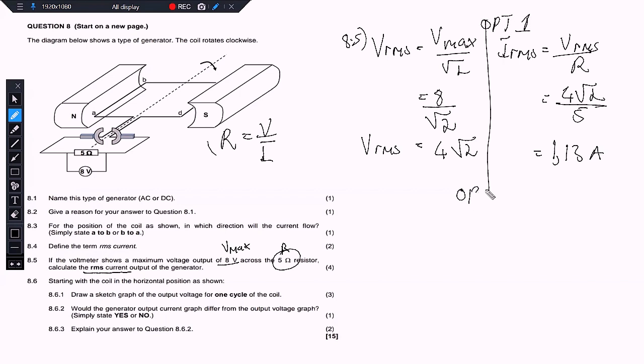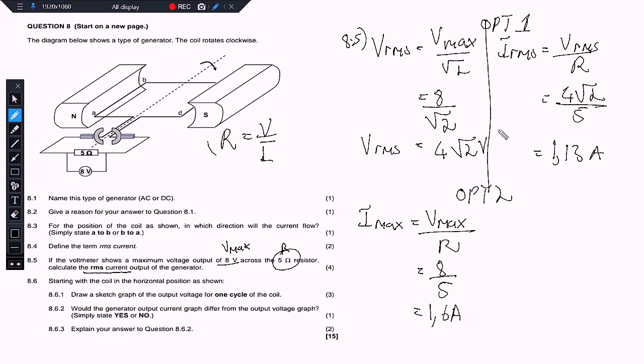So option number 1. Option number 2, you can choose to just calculate the Imax from the Vmax. Now that you are given the Vmax, you can say, let me calculate the Imax. Then you'll have Vmax over R, also taken from this. My Vmax is 8, then divide that by 5. I will get 1.6 amperes.